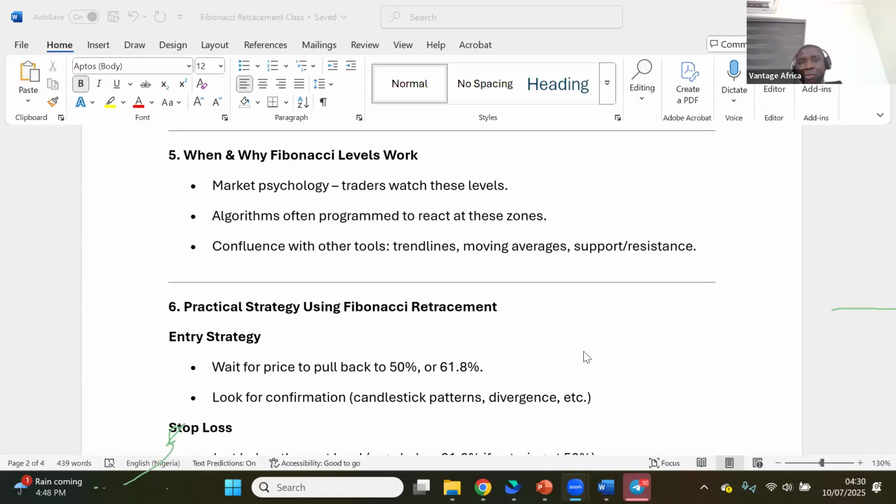Most technical analysis happens because traders are expecting it to happen. So where the market reverses, it's usually areas where the market is expected to reverse, except something happens in that period of time. But most of the time, you see the market reverses around psychological levels, around Fibonacci levels. Why? Because the market is already waiting for that.